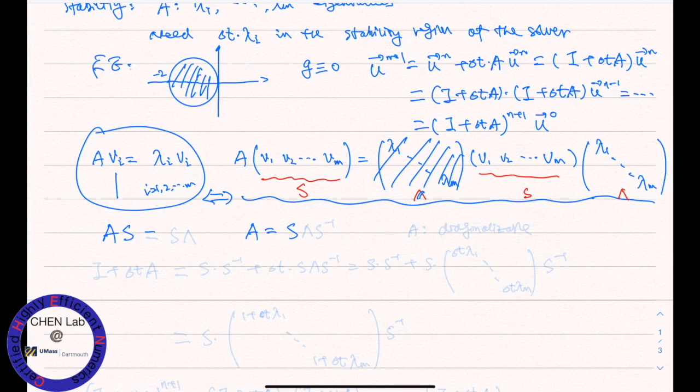So here what we have is that this is S lambda, right? So A can be written as S lambda S inverse, assuming S is invertible. In this case, A is called diagonalizable.